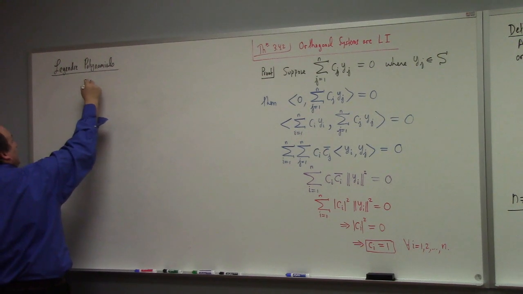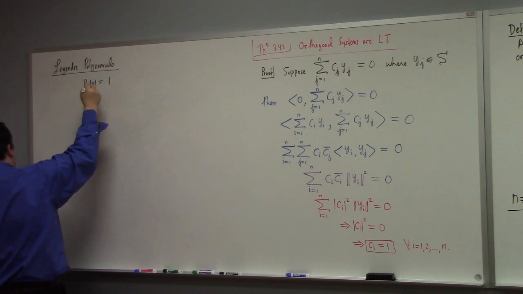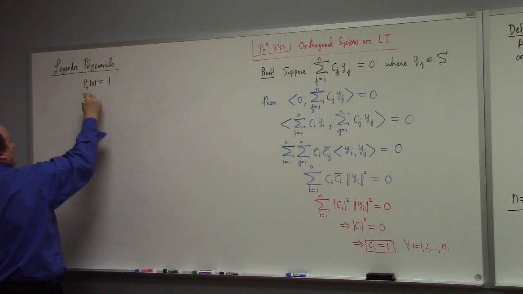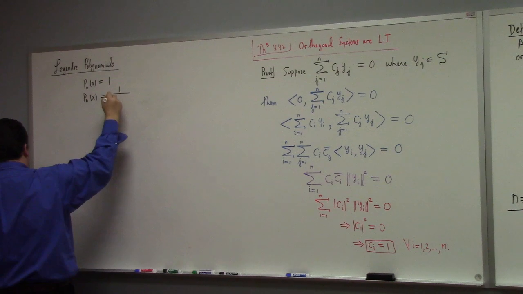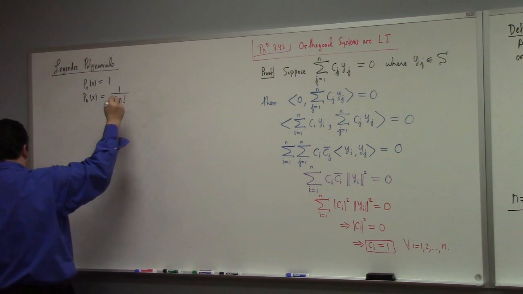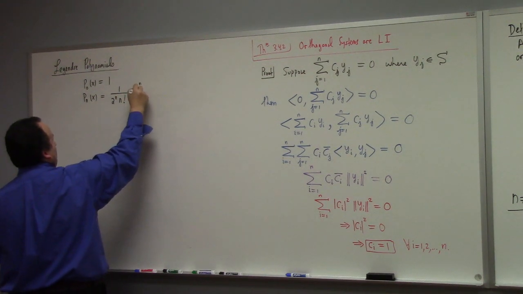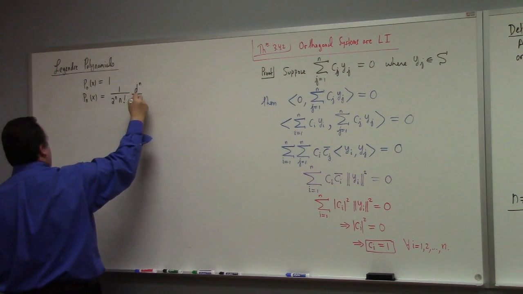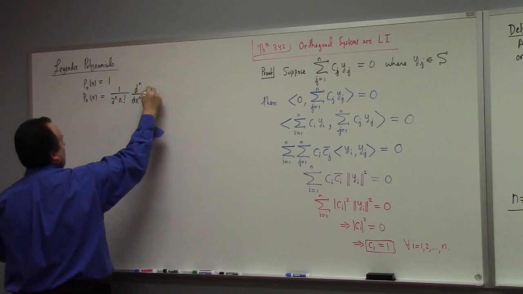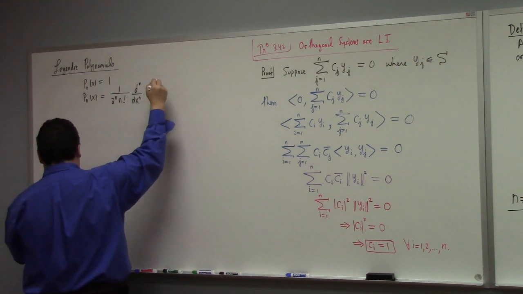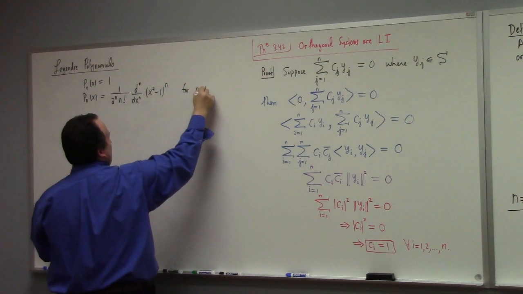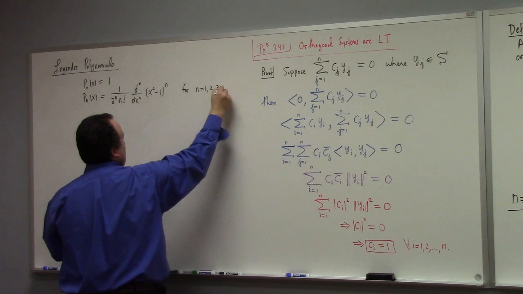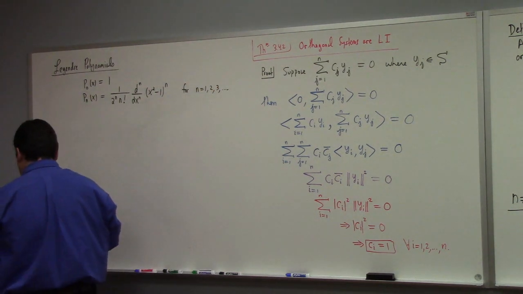P0 of x equals 1, and Pn of x equals 1 over 2 to the n times n factorial times the n-fold derivative with respect to x of the function (x squared minus 1) to the power n, for n equals 1, 2, 3, and so on.